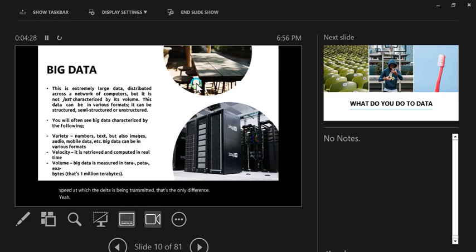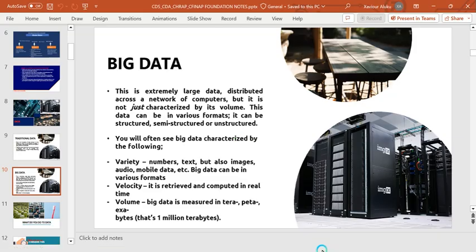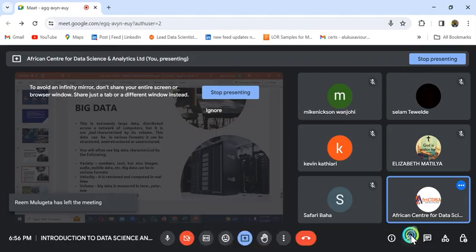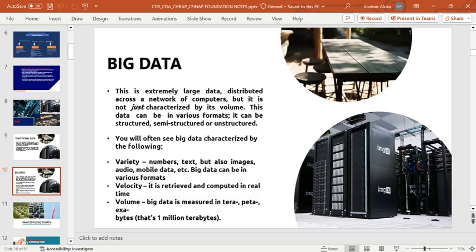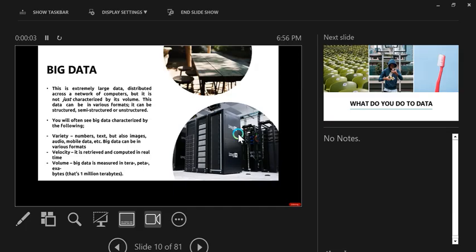Let me check if we have any other question, then we can look at something else. And we can look at something else so that maybe by 7:15 we are able to close.